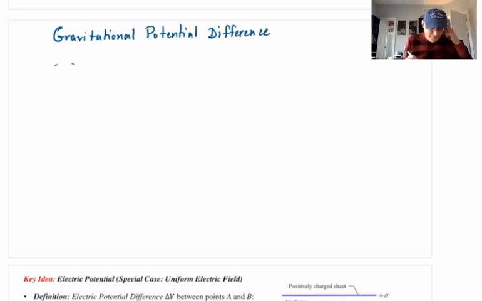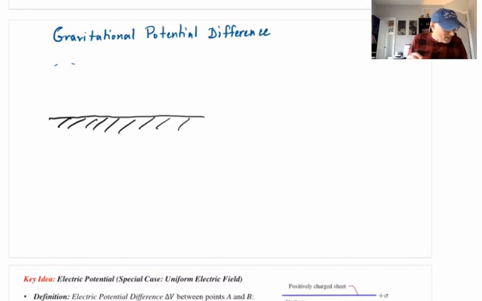So what we've got is the standard picture of somewhere near Earth's surface. There's the ground. And we've got a uniform gravitational field g arrow directed vertically down. Same quantity everywhere, as long as we stay near the surface.